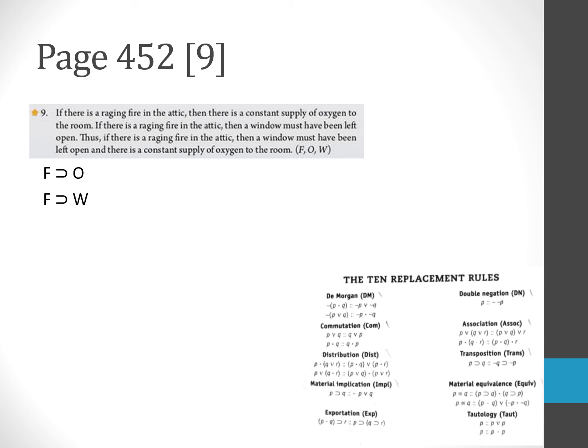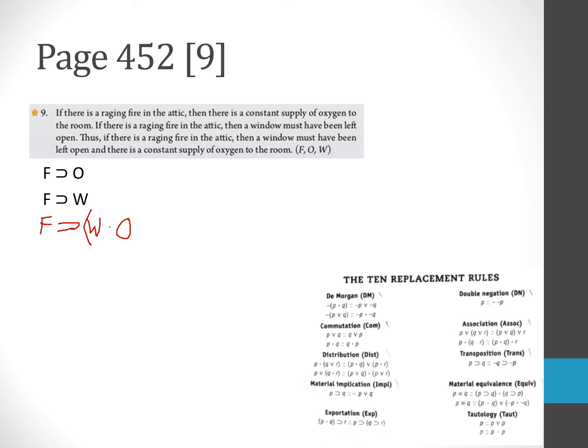And finally, our conclusion, if there's a raging fire in the attic, so that's F. If F, then a window must have been left open and there is a constant supply of oxygen in the room. So that would be if F, then W and O. So that presents a question of where the parentheses go. Do they go around the F and the W, or do they go around the W and the O?